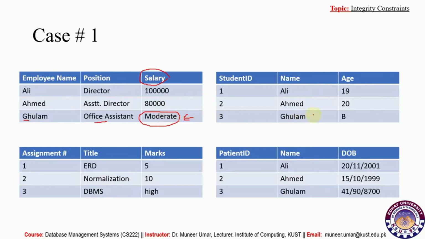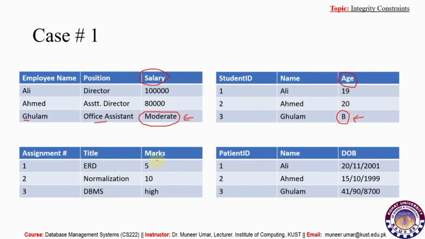Then if we look into another table, here we have age. For age, again we need a numeric value, and if you look into the third entry, this age is not clear. This might be a mistake. The age must be a numeric value, so this is again an error.